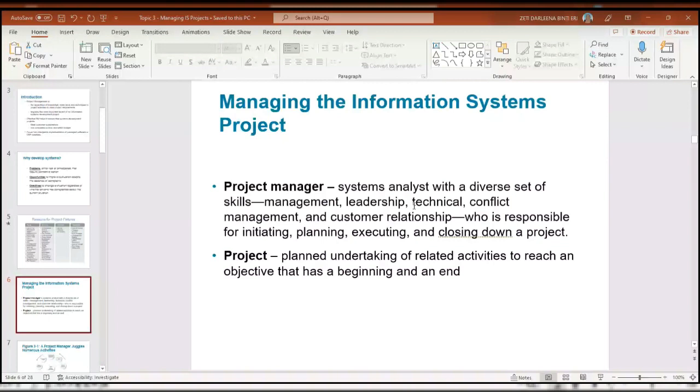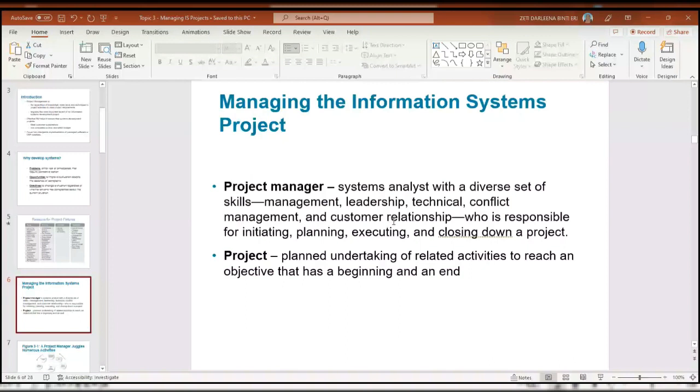And they're also able to manage conflict and have a good communication sense, and that's what we call customer relationship. Communication sense must be good. It's not just verbal, also written. So both verbal and non-verbal skills.